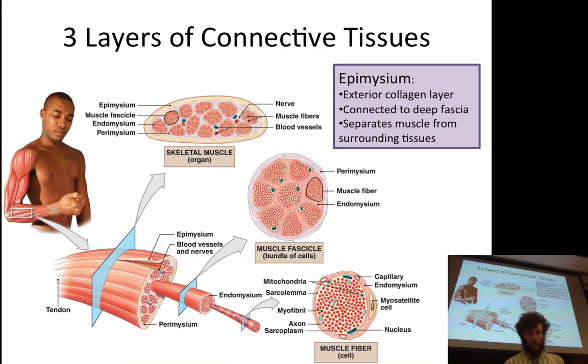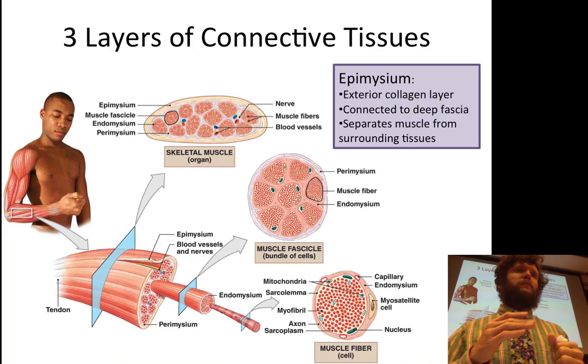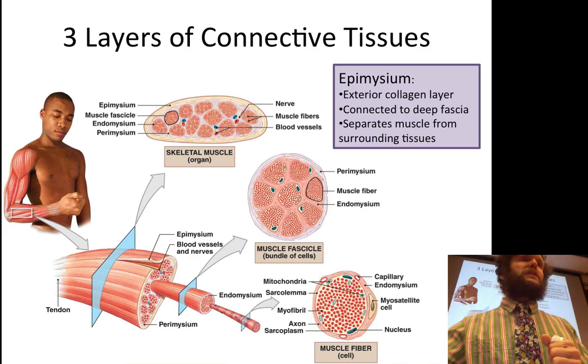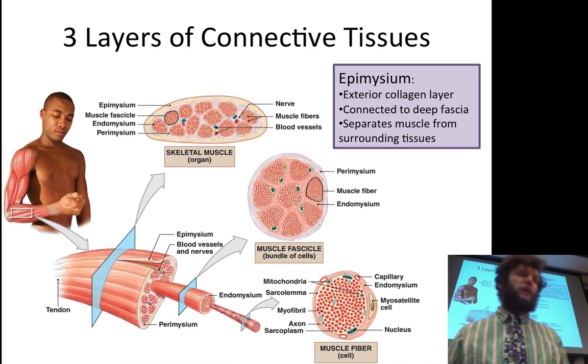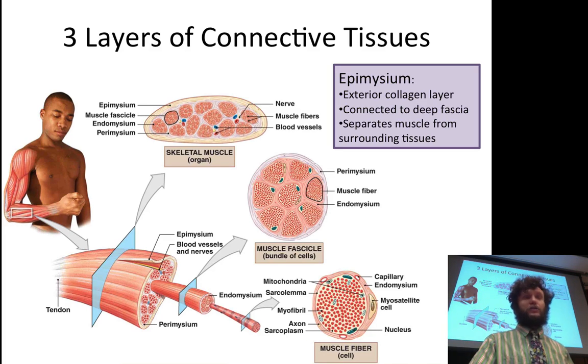Despite their separate embryological origins, there are a lot of parallels between muscle tissue and nerve tissue, and we'll see those in the next lecture on Monday when we talk about the CNS.